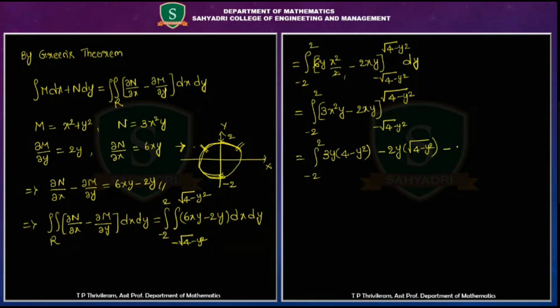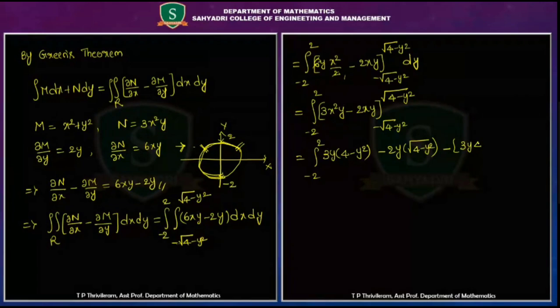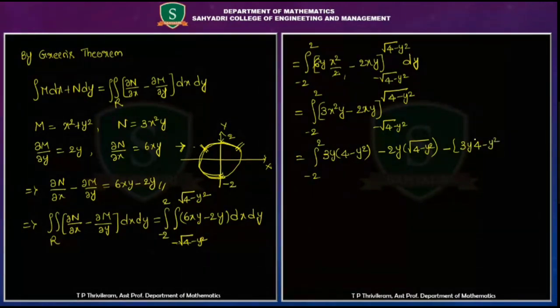So lower limit is how much? 3y into minus of root 4 minus y square whole square. So you'll get plus 4 minus y square whole square. So you'll get positive here. Next, negative of, if you apply this, how much you'll get? Plus. Minus of minus plus 2y root 4 minus y square.